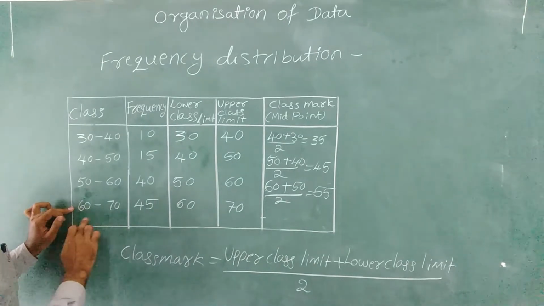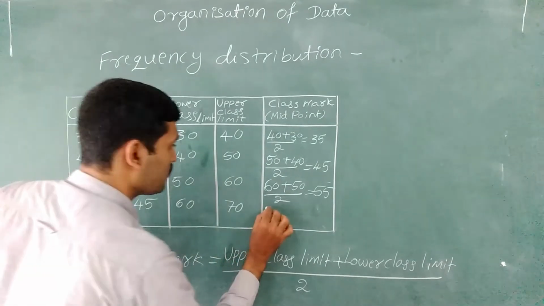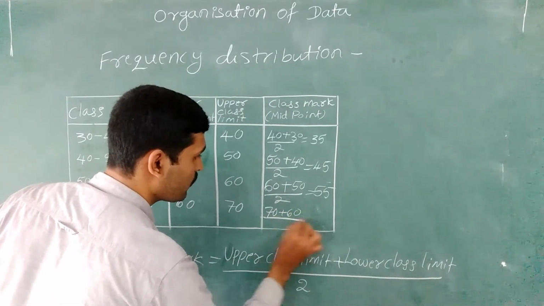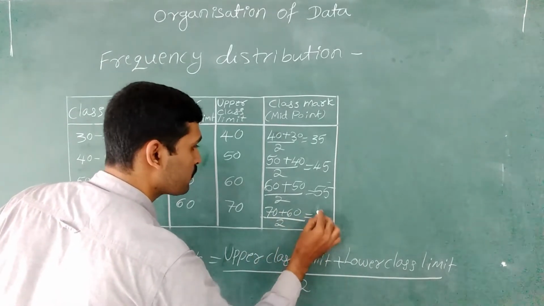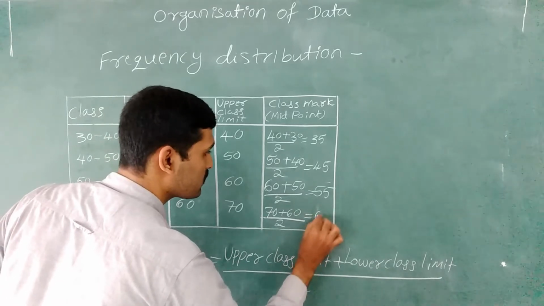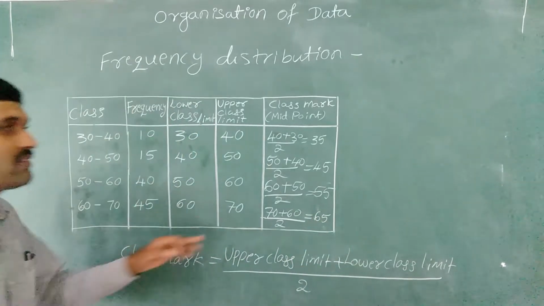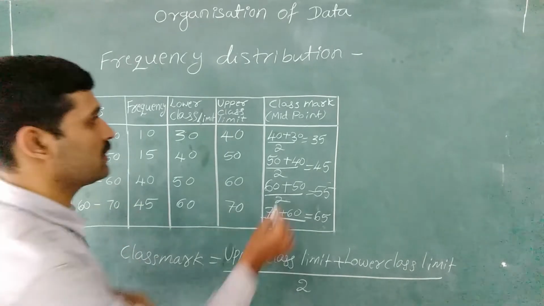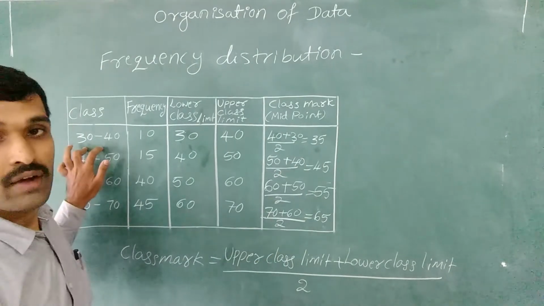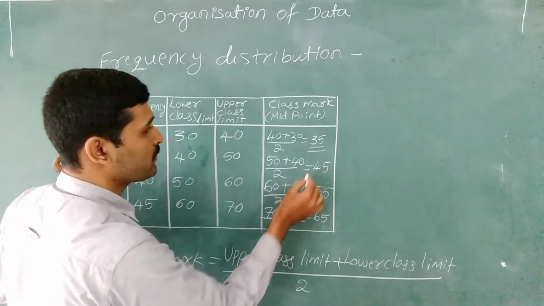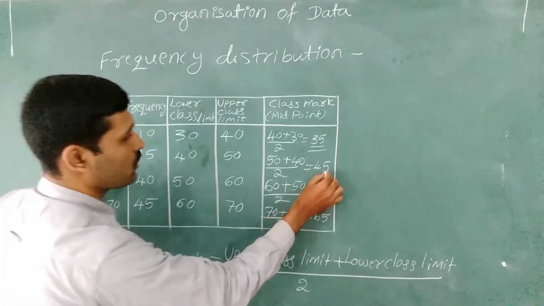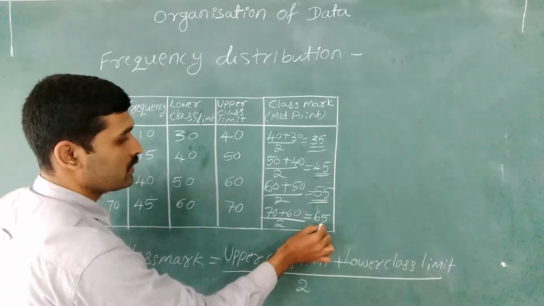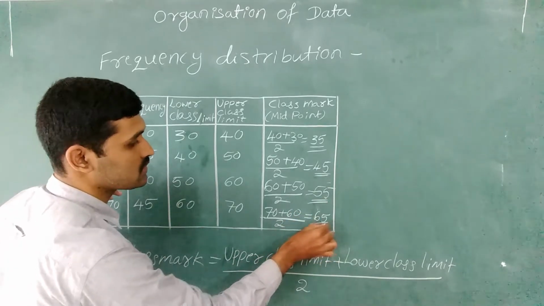Here 60 and 70 are there. 70 plus 60 divided by 2 is equal to 65. So likewise we can find out the mid value of the class. Here in 30 and 40 mid value is 35, and here mid value is 45, and here mid value is 55, here mid value is 65.